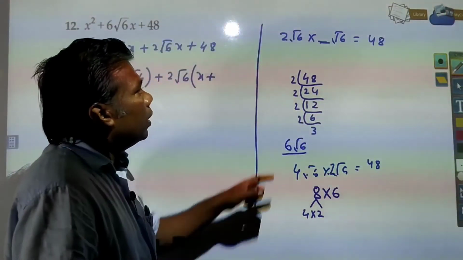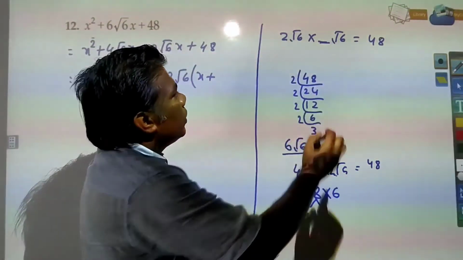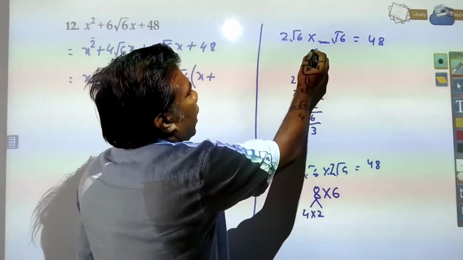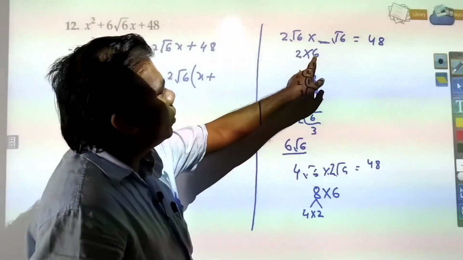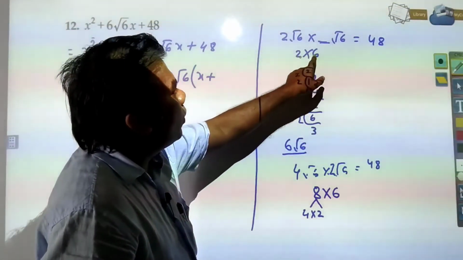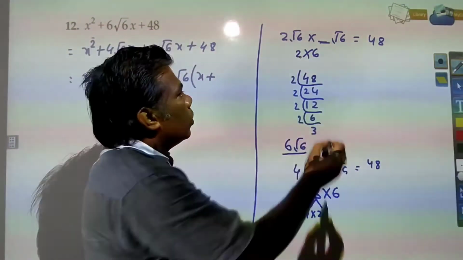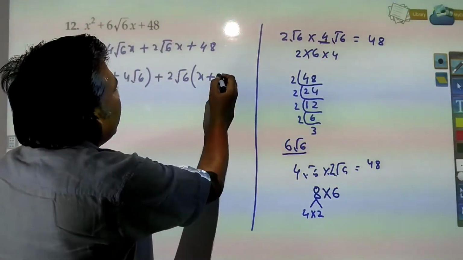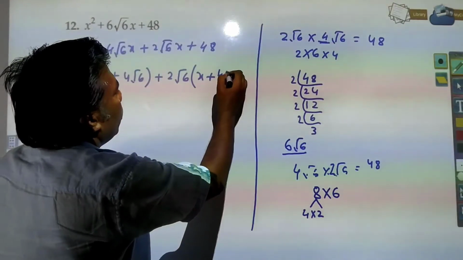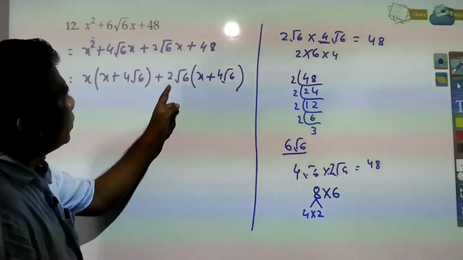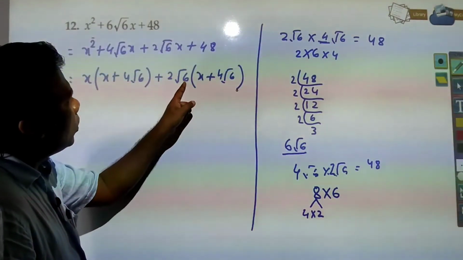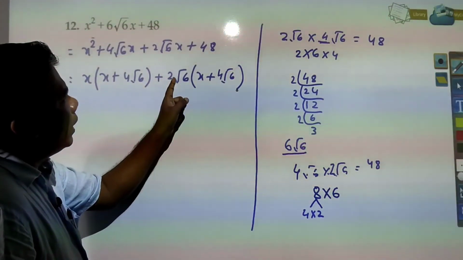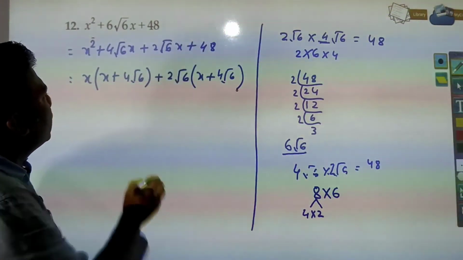Now you see root 6 into root 6 is equal to 6, into 2, 6 2s are 12 and 12 4s are 48. So here you need to put 4. So you will be left with 4 root 6. Now just you multiply 2 4s are 8, root 6 into root 6, 6, 8 6s are 48.